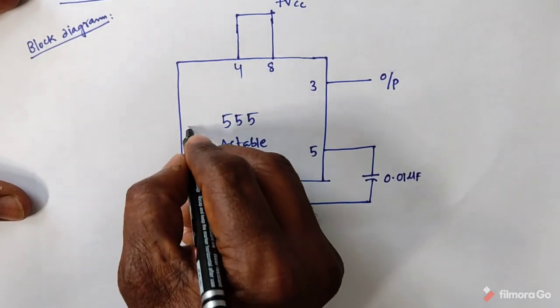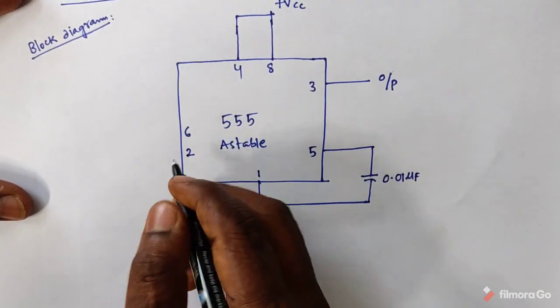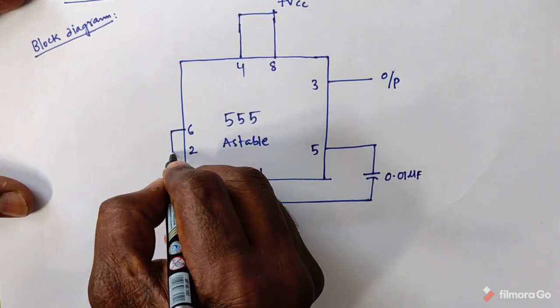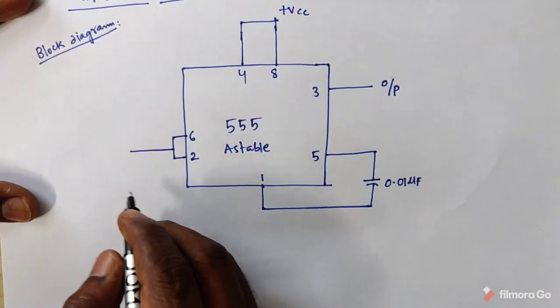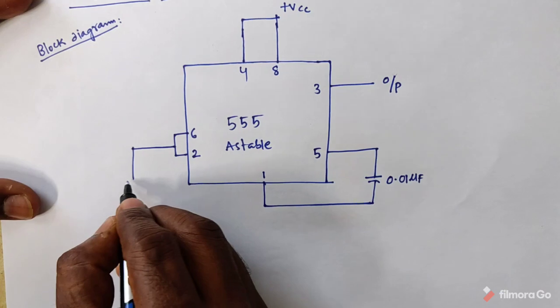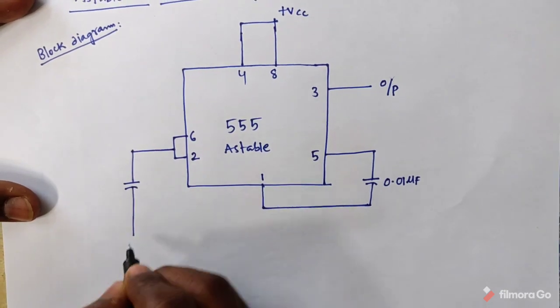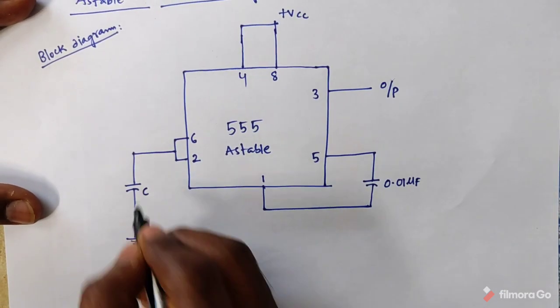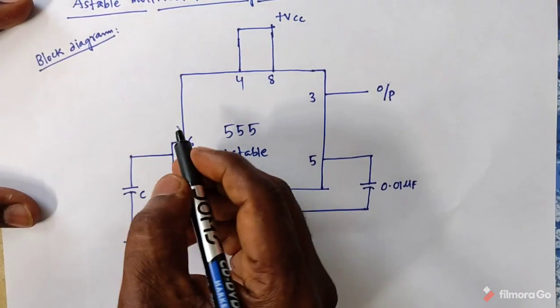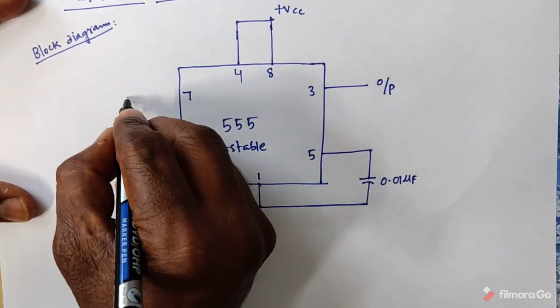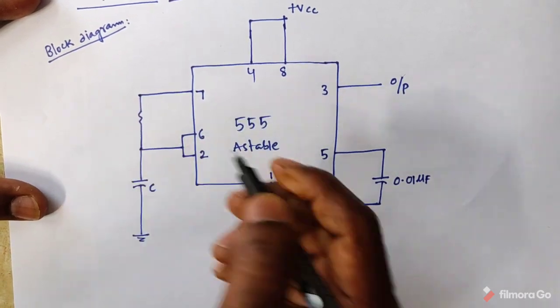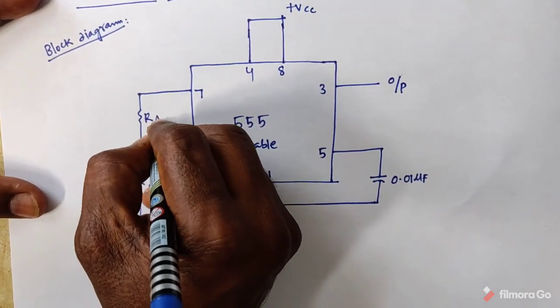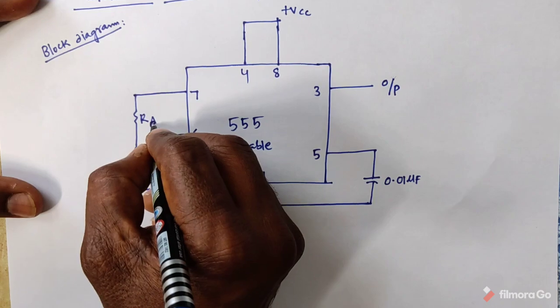And the 6th pin and 2nd pin are commonly connected, and take one more capacitor which is connected to ground. This is C. Next, in between the 7th pin and the common connection of the 6th and 2nd pins, take one more resistor, that is RB.